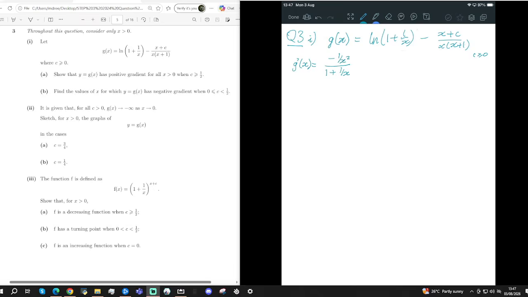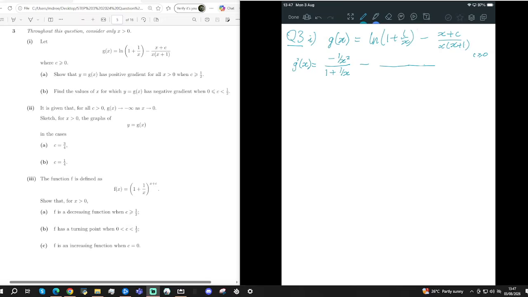Chain rule says we put the derivative of the argument on the top, which is negative 1 over x squared, minus, now this next one we probably need the product rule, and if you want to do the product rule by setting the u and the v, do it. If you're happy to do it a little bit quicker, then fine, as long as you are accurate.